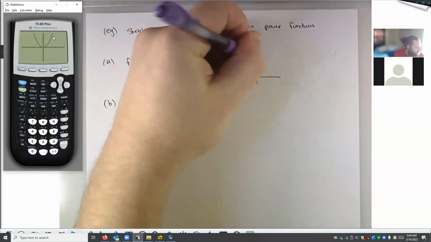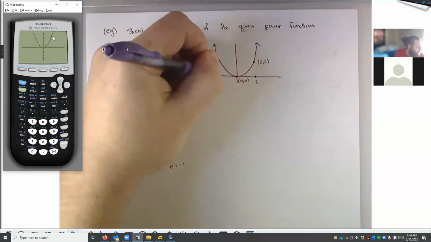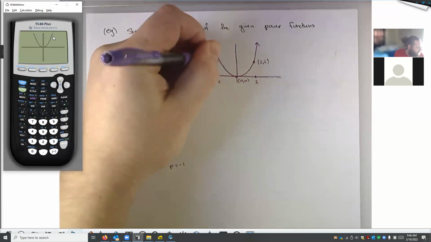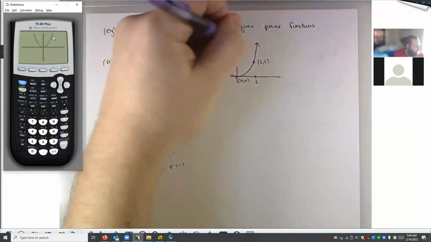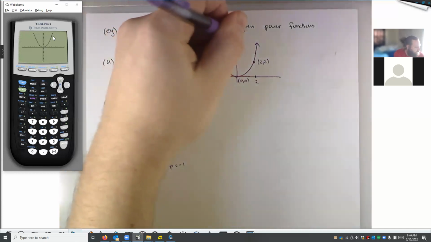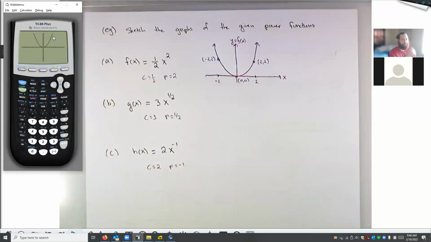So this point 2, comma 2 is on there. And then because of the symmetry, the point -2, comma 2 is on here as well. This is the graph y equals f of x. So this graph shape is familiar. The other two are going to be very new.